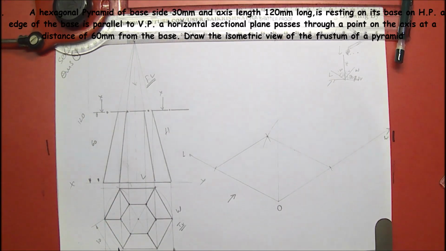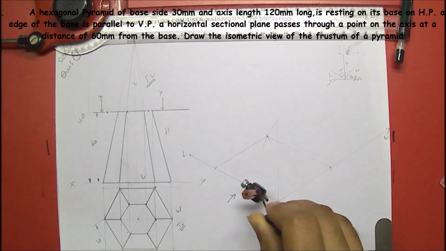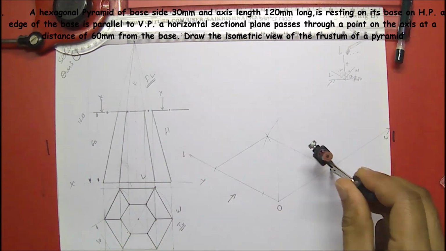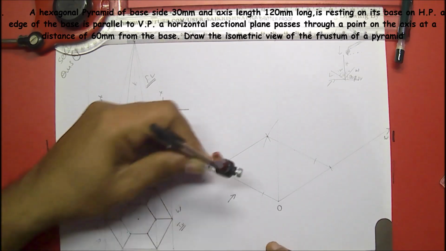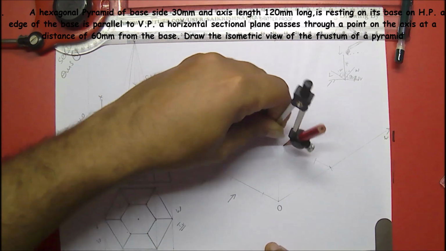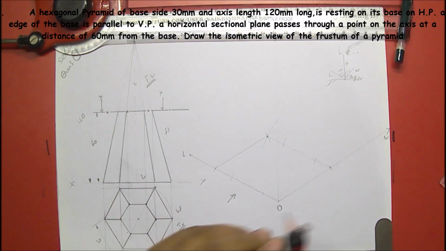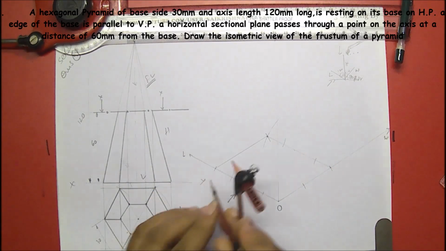Now measure these points from O to this point, and from this to this, and from here to this one, and from here to this point, and from here to this point.